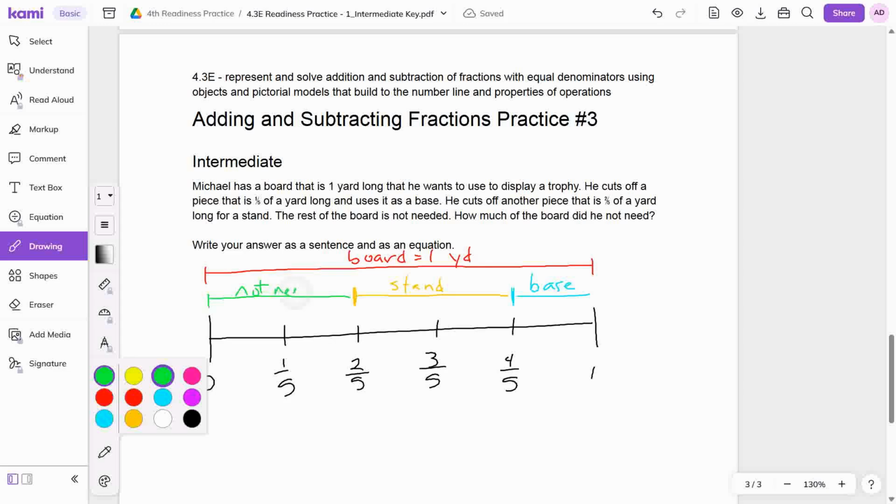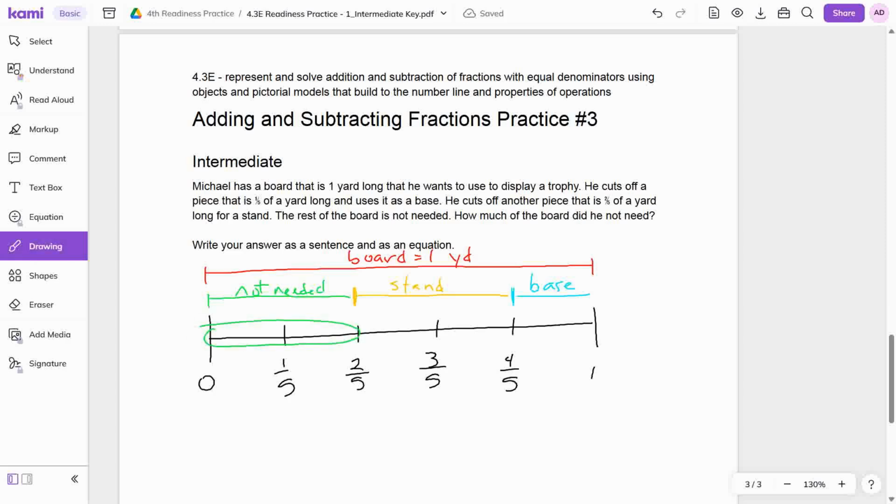Not needed. Well, since we did it like that, we can easily see that what's not needed is going to be this 2/5 because we subtracted it using that number line from the very beginning. So we can say 2/5 of the board is not needed.